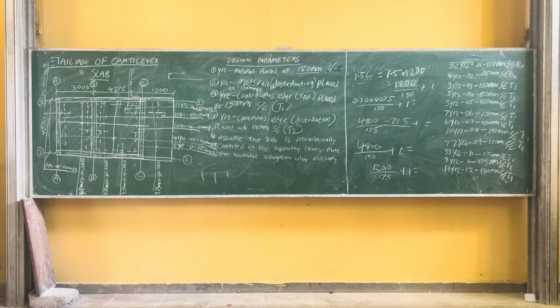Those are B1 and B2. So what we're working on is T1 and T2. T1 is this reinforcement you just put here. Our first top reinforcement is that span 4,800, which is spanning from here.